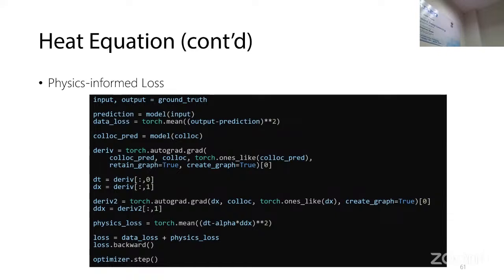Then using the autograd gradient, we take the derivative of this prediction with respect to the collocation points, and then we have the derivative. Now notice that we have two derivatives. The first part of the derivative is dt, the second part is dx. And in our case, for the heat equation, we only need the dx part, and the dx part is the derivative.